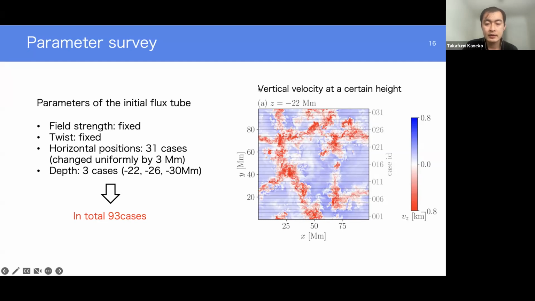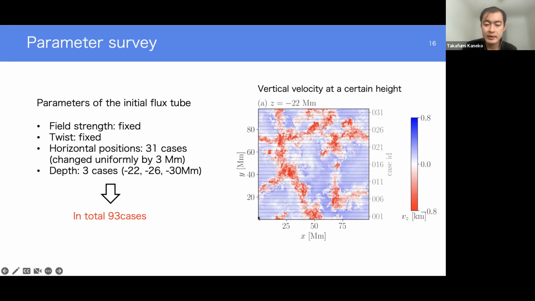For example, in the right panel, the horizontal line shows the axis of the magnetic field, and we changed the position of the initial flux tube by 3 megameter uniformly, so there is no bias in the position.